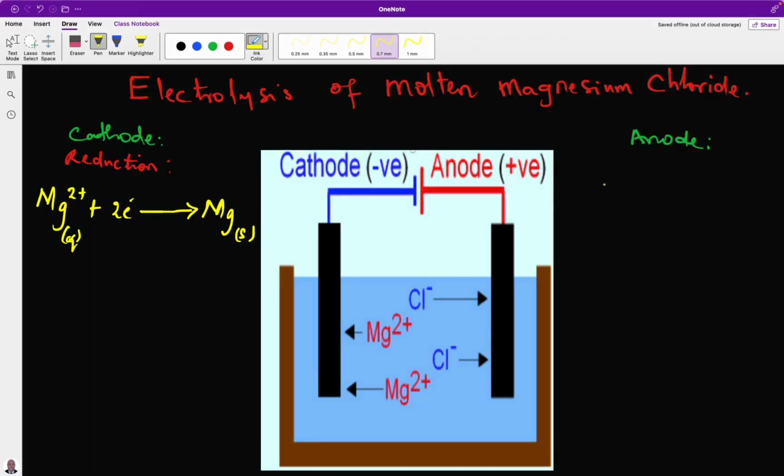At the anode, the chloride ion will do what? The chloride ion will lose electrons.